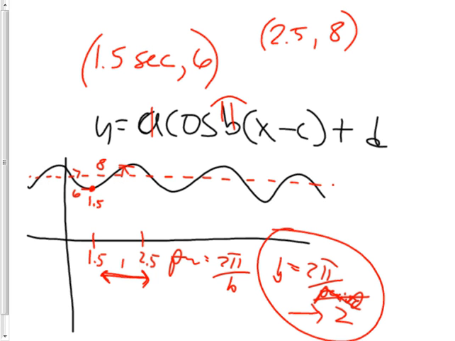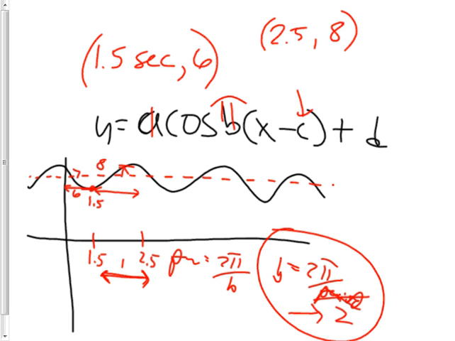The next part is the shift. How far over should I say it shifted? Do you get that if it took 1 to reach this peak in this direction, its last peak before that would have been 1 in this direction? Which means our first peak that we would have had before we started recording would have been at 0.5.